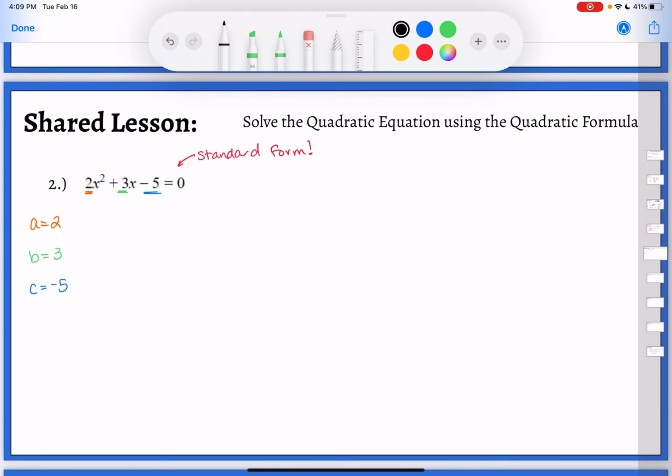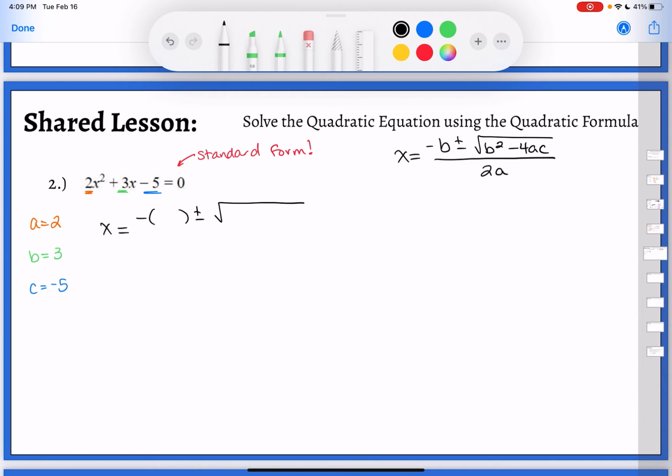Okay, so now my quadratic formula: x equals negative b plus or minus the square root of b squared minus 4ac, the whole thing divided by 2a. So let's get it ready here with our parentheses ready to plop our numbers into the right spots.